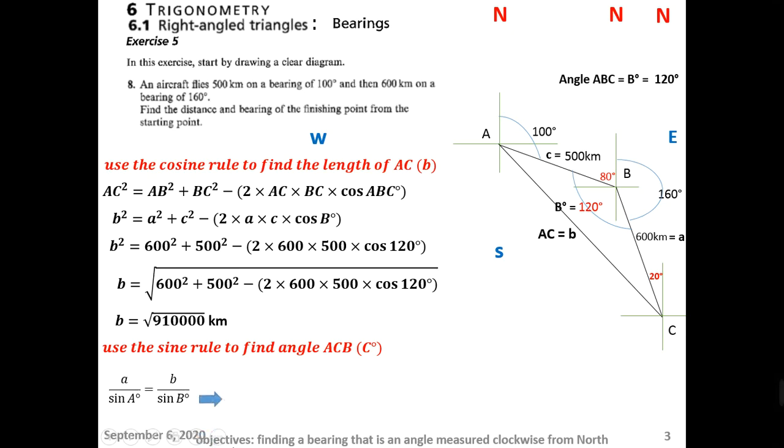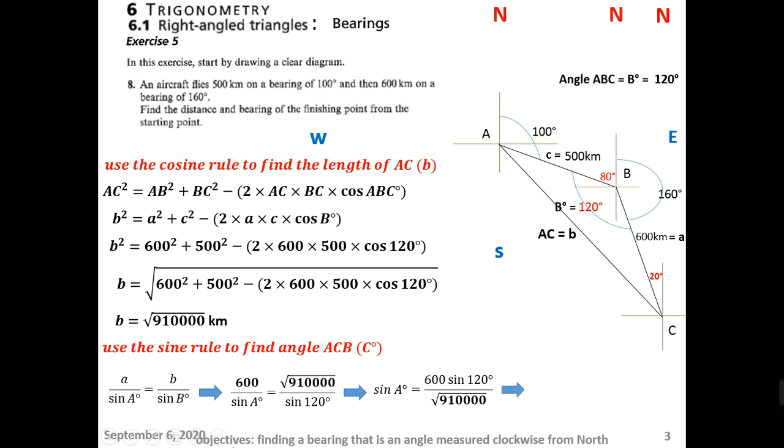Now, let's substitute in this formula. Small a is 600 over sine A, which is my unknown, is equal to, we found b in the previous step, square root of 910,000 over sine 120. Let's cross multiply. So once we cross multiply, sine A is going to be 600 times sine 120, all divided by the square root of 910,000.